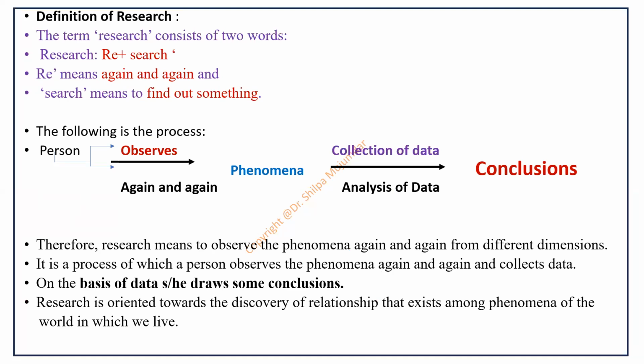Then we are going to see the real meaning of the word research. Research is made up of re plus search. Re means again and again, and search means to find out something. So you are going to find out something again and again.